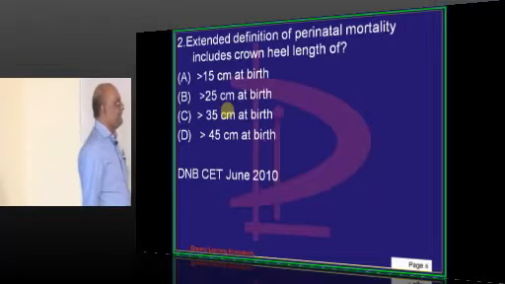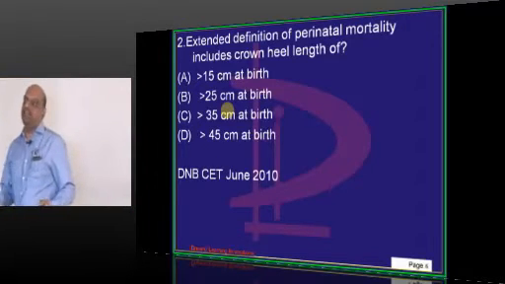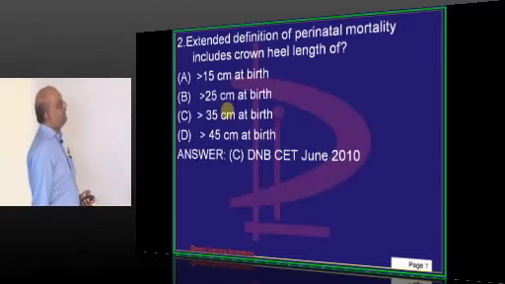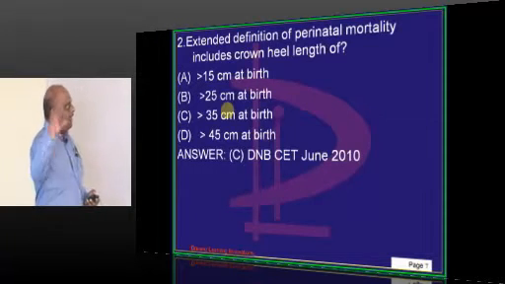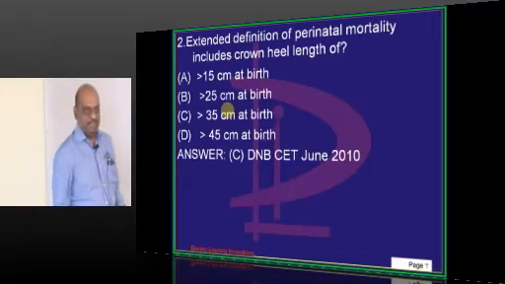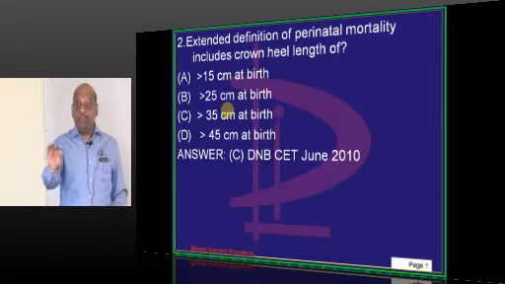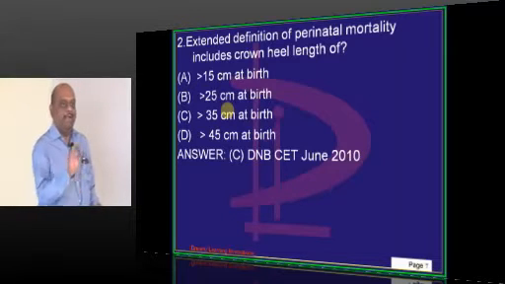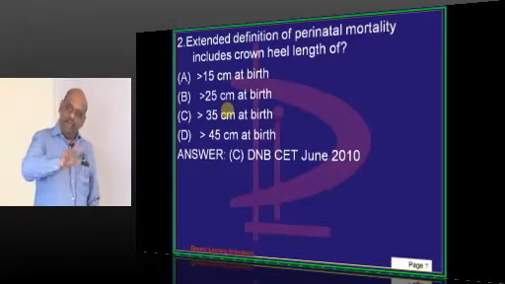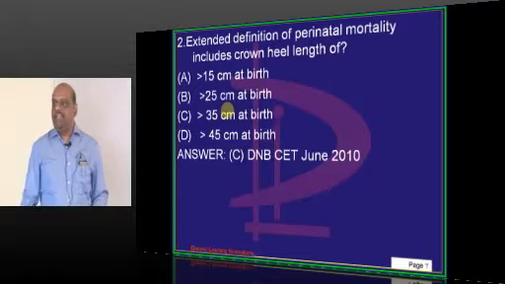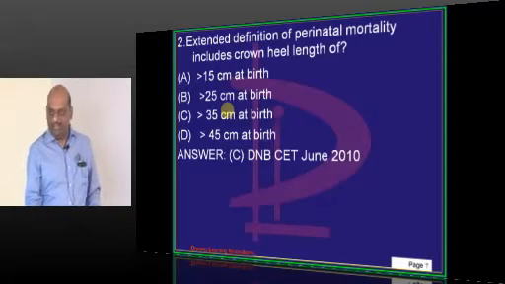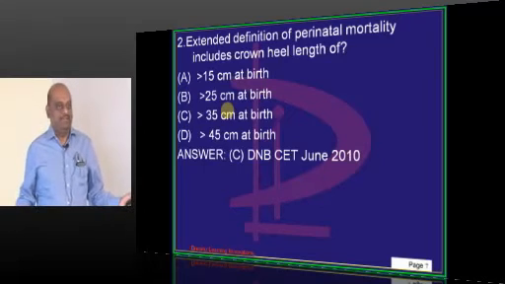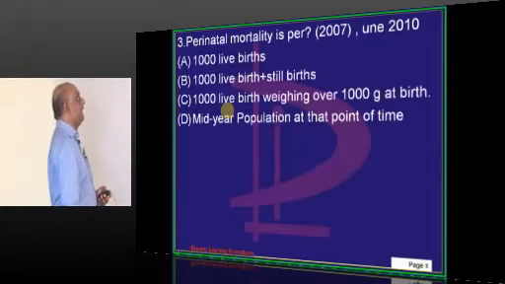Yeah, but what is the extended definition of perinatal mortality? So what they have decided is, if the crown rump length is 35 centimeters or if the birth weight is 1000 grams or if the gestational period is 28 weeks, any of this is considered to be equal. Just like chest pain is called angina and developing shortness of breath is called angina equivalent. Similar story in SPM.